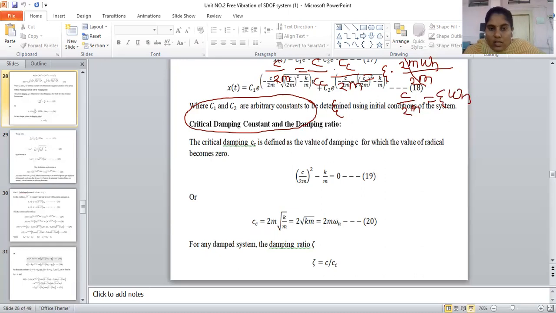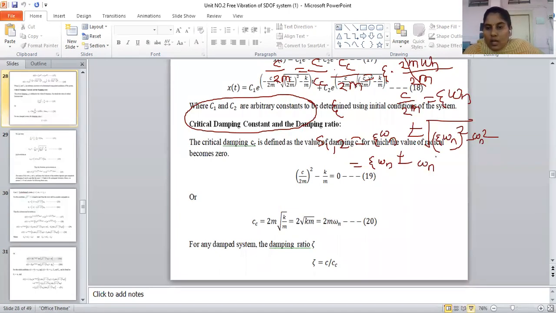So if we put this value over here, C by twice M is the zeta omega n. So S1, S2 is equal to minus zeta omega n plus or minus root of (C by twice M value, that is the zeta omega n) bracket square minus omega n square. So what is the remaining? That zeta omega n plus or minus, what is the remaining? That bracket outside, that is the omega n square.